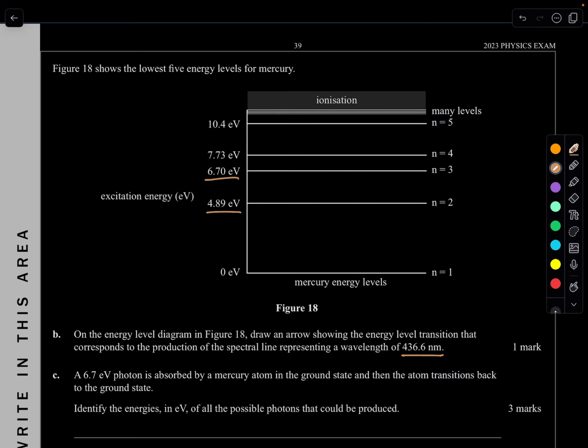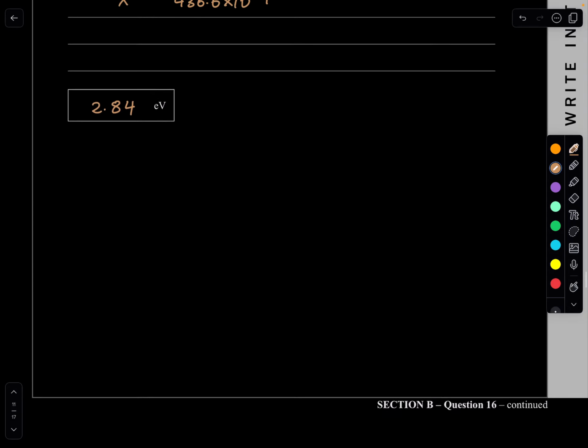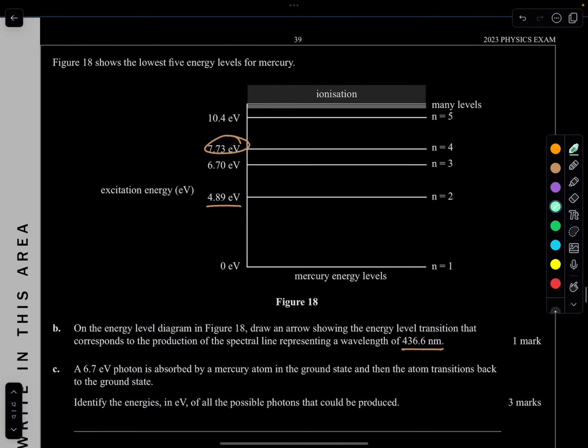No, that's too small. So try the next one: 7.73 minus 4.89 is 2.84. Yes. So it's from here to here. That's where it will emit that spectral line.